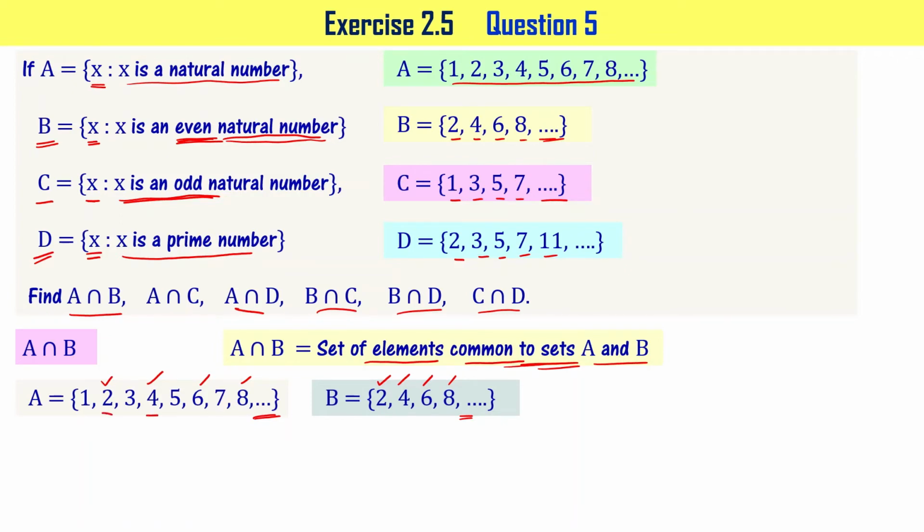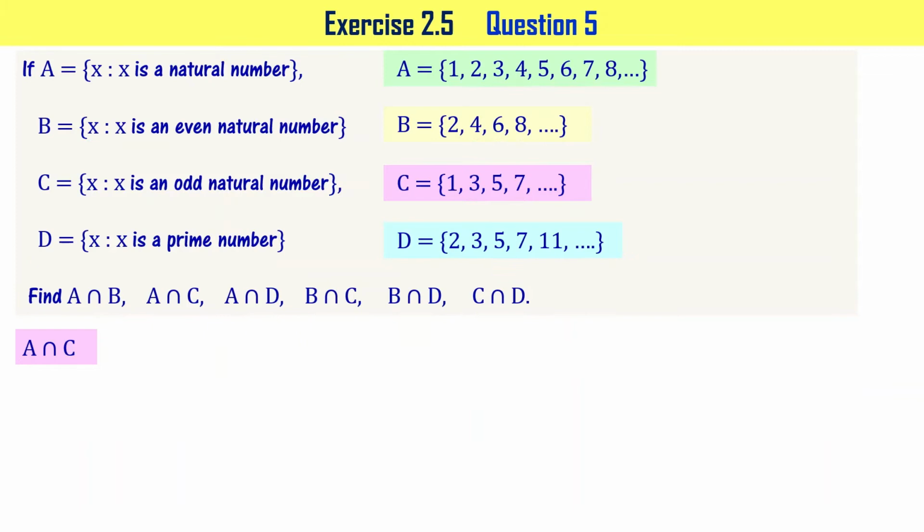Those are 2, 4, 6, 8 and so on. That is A intersection B, right? If you observe, A intersection B has elements 2, 4, 6, 8 and so on. That is exactly equal to B. That's why we can say A intersection B in this particular case is equal to B.